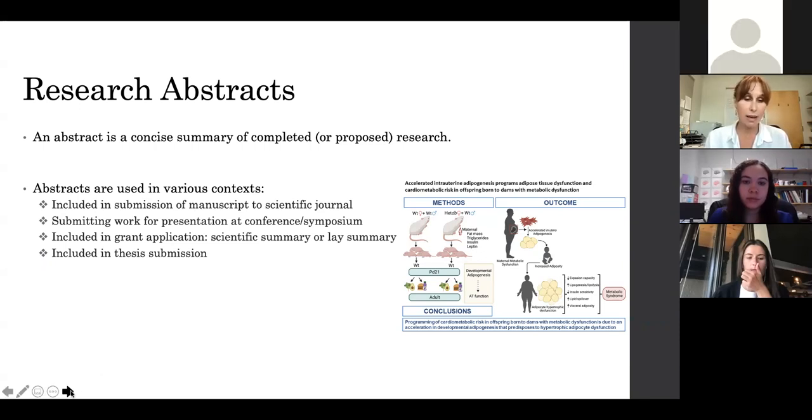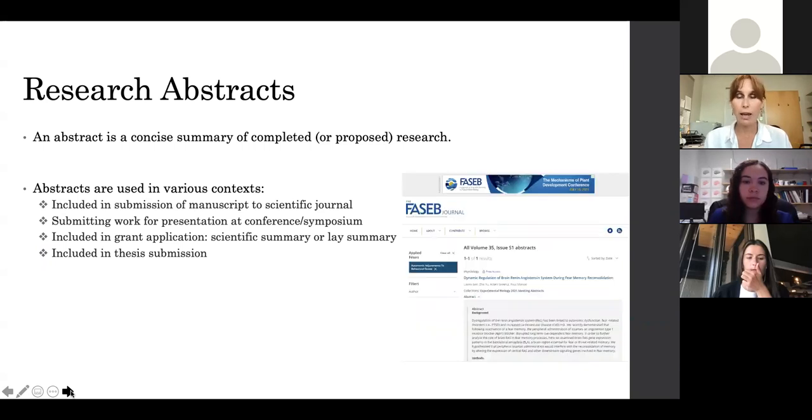So in this case, you would indicate on your CV that your abstract is published and include all of the relevant information. So for example, shown here, Experimental Biology is a very large international conference that's held annually in the US. All of the accepted abstracts are published in the FASEB journal.